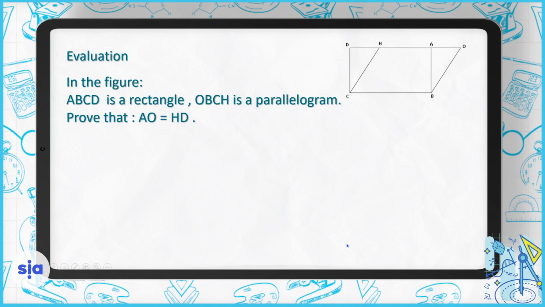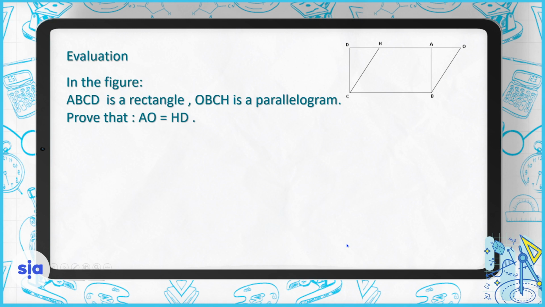Since ABCD is a rectangle, therefore DA is parallel to CB, and also DA is equal to CB. Let's call this number 1. Since OBCH is a parallelogram, therefore HO is equal to CB, and call this number 2.